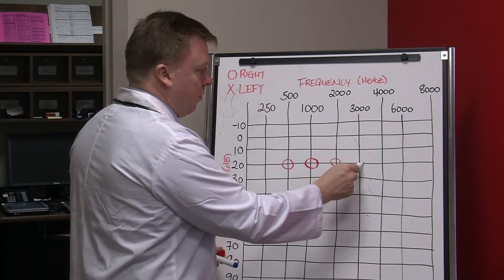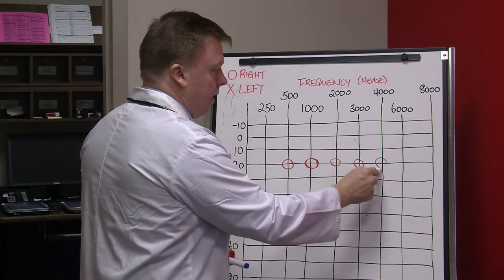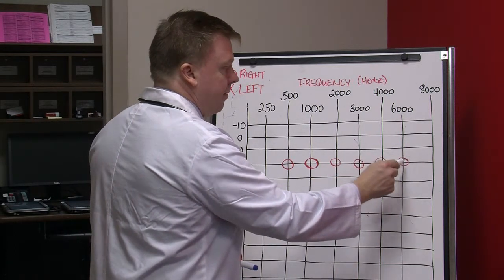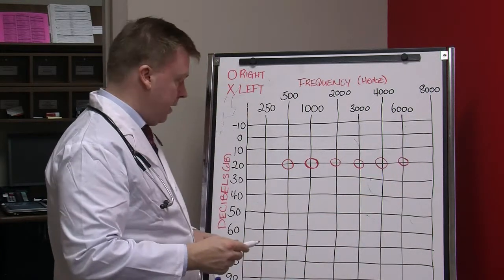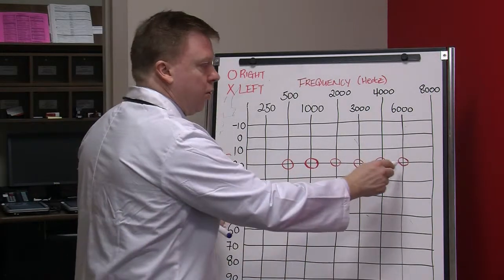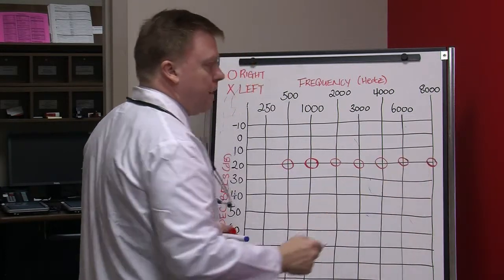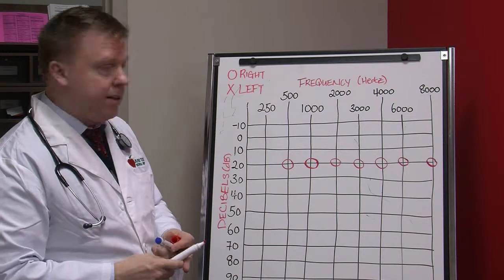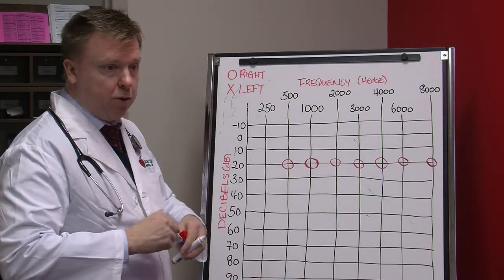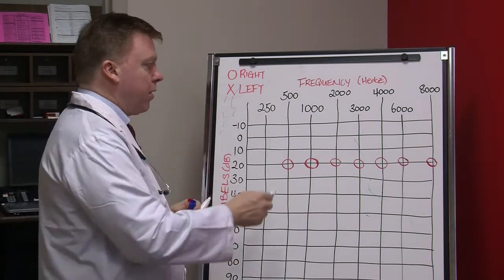In people with normal hearing, they tend to have the same decibel threshold at all frequencies. And they tend to have the same decibel threshold in both ears.